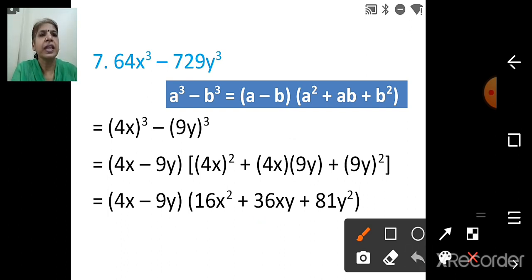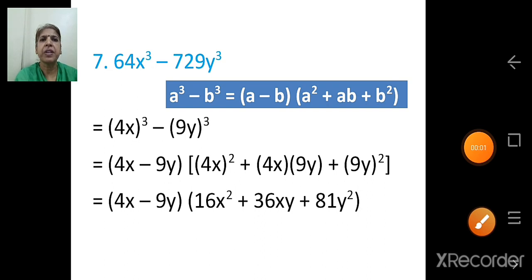And next one is 9y the whole square, square of 9, 81, so it is 81y square. So answer is 4x minus 9y the whole bracket multiply with 16x square plus 36xy plus 81y square.